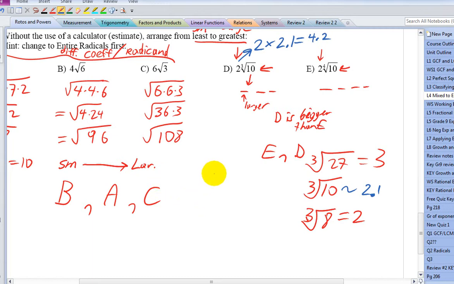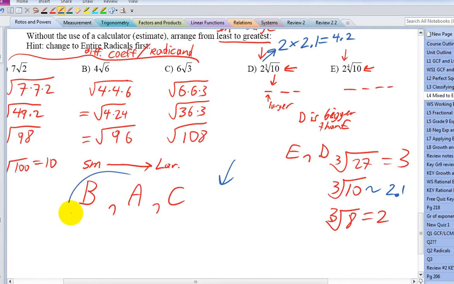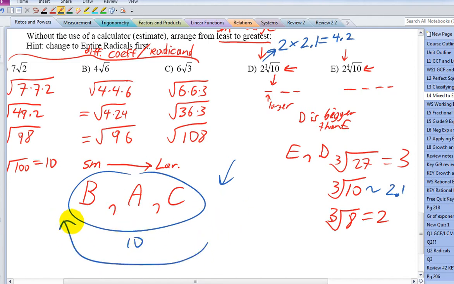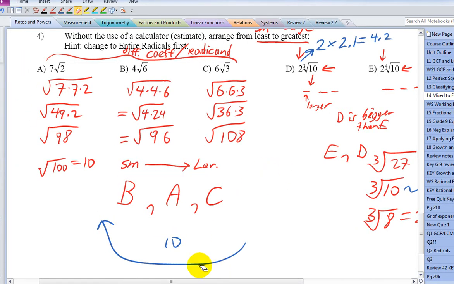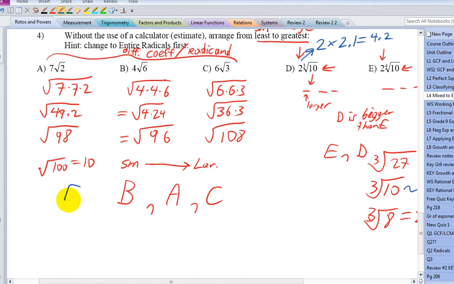So should D and E go after these numbers, which are close to 10, or before? They should go before. So the order should be E, D, B, A, C.